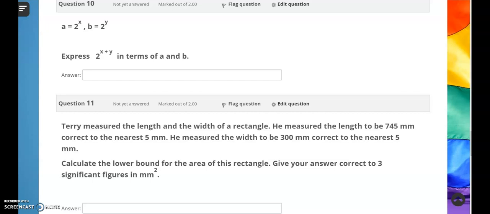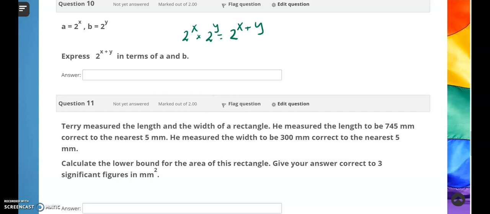So that means in order for us to have an answer of 2 to the power of x plus y, we need to be multiplying 2 to the power of x by 2 to the power of y.